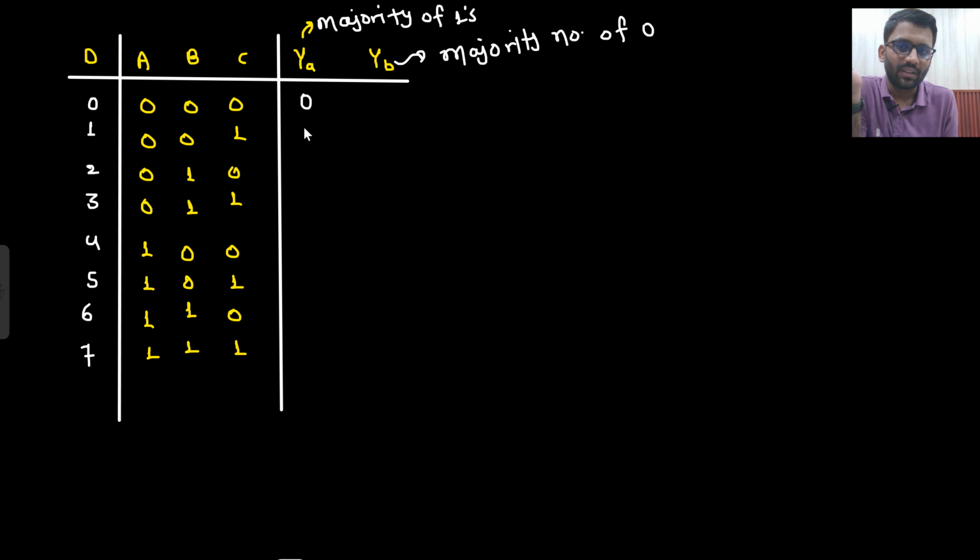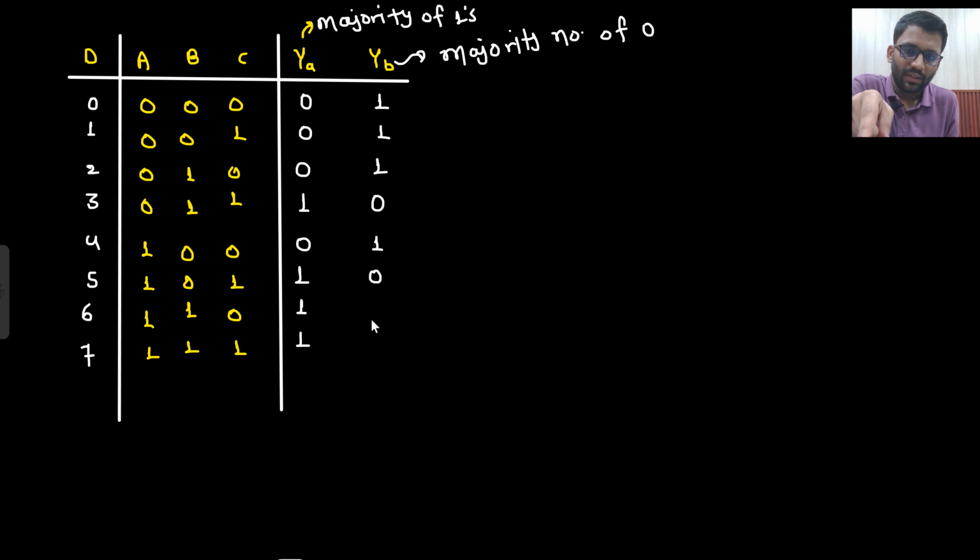Here 0 is in majority, so again this will not be high. Here also 0 is in majority, this will also not be high. Here 1 is in majority, high. Here again 0 is in majority, not high. Here 1 is in majority. Here also 1 is in majority. Here also 1 is in majority. And for the others, zeros are in majority. Here 1 is in the majority, zeros are in majority, and rest all will be 0.